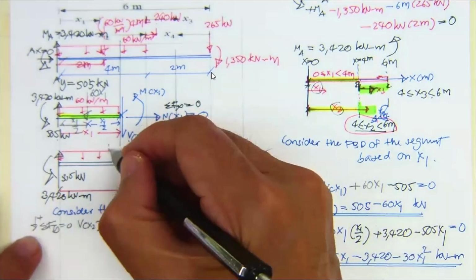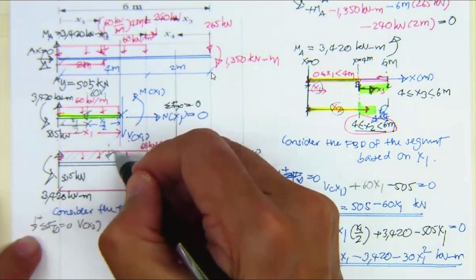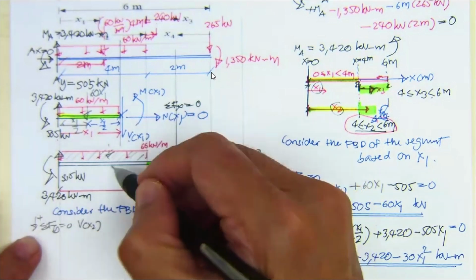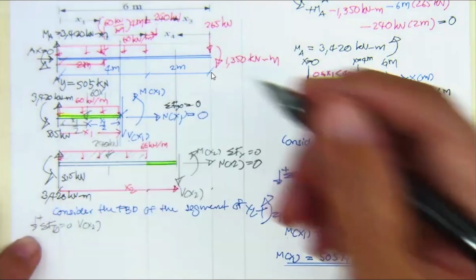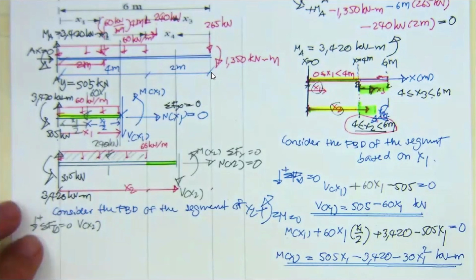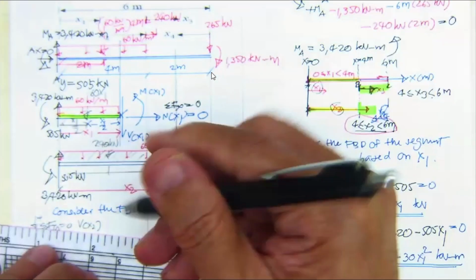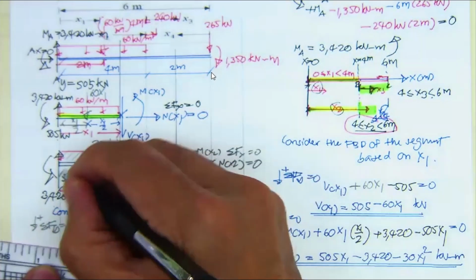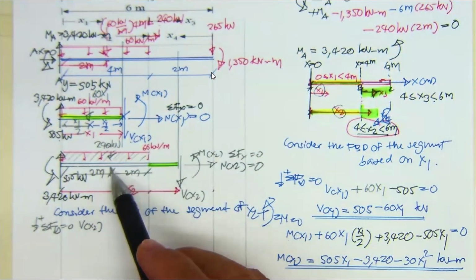And then this is going to be the total area, 60 times 4, 240 kilonewton, at half of 4 meter. So it's going to act at 2 meter and 2 meter, half of the 4 meter.